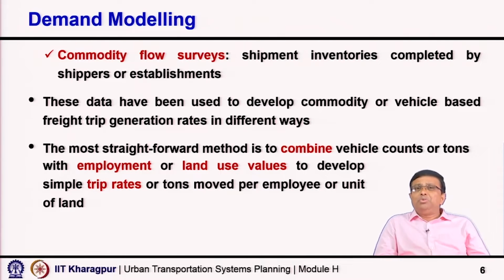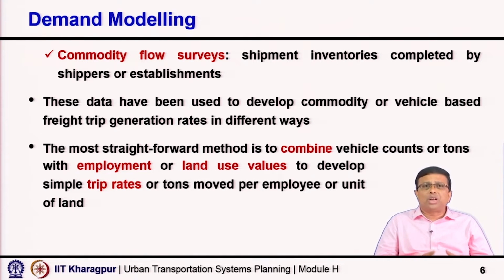So, per unit resource, basically how many tons of goods are produced, or what value of goods are produced. So, that is what we say land use values to develop simple trip rates or tons moved per employee or per unit of land or per unit area of the economic units.